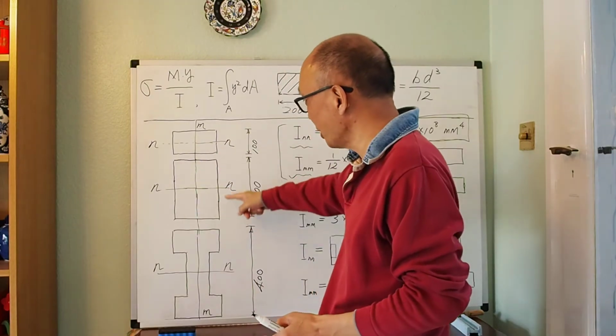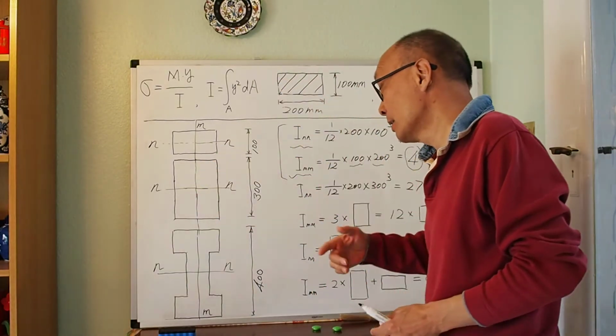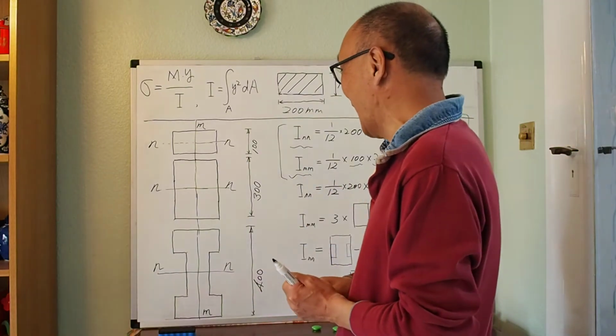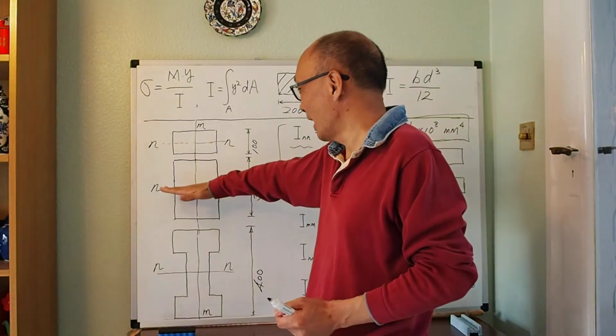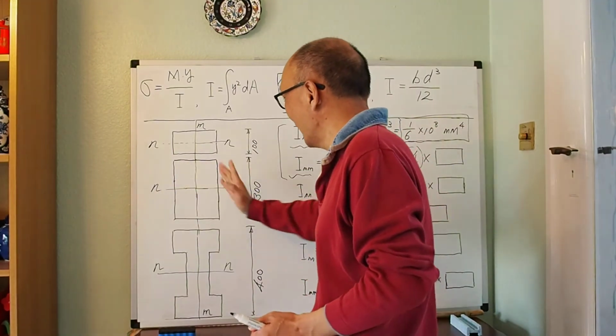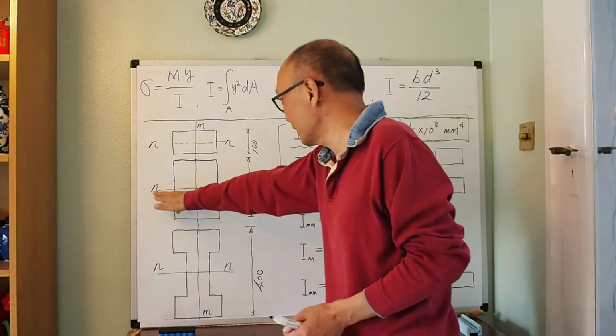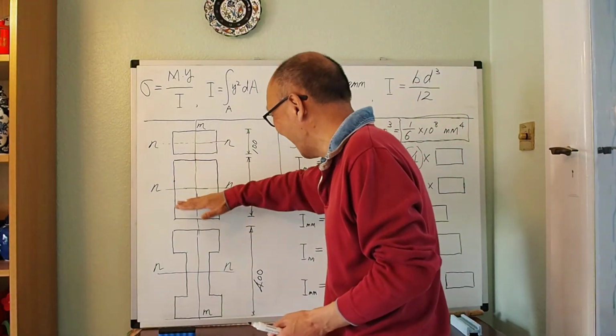I make a solid cross section. Yeah, that's 3 times bigger. So let's do the same calculation again. So let's say first I let the beam bend about NN, and then I let the beam bend about MM.